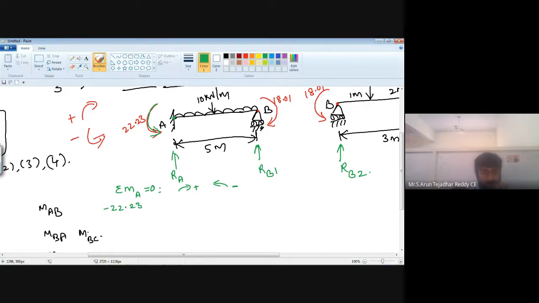22.23. Next, one external load is acting, that is 10 kilonewton per meter. Our moment about A, so how is it moving? It is moving in this direction, so this is a clockwise direction. Take positive. Load is 10 kilonewton per meter. It should be multiplied with the whole span because it is a uniformly distributed load.